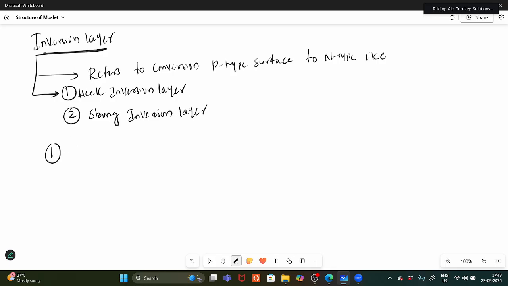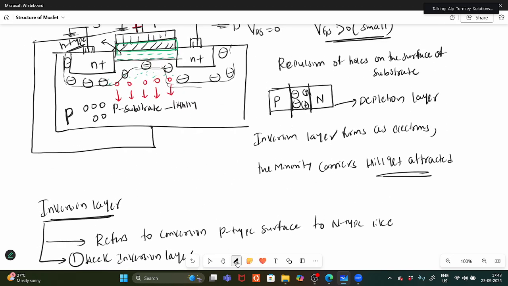So what is weak inversion layer? Suppose the concentration of electrons in the surface of the substrate is less than the concentration of holes in the p-type substrate, then we call it weak inversion layer.